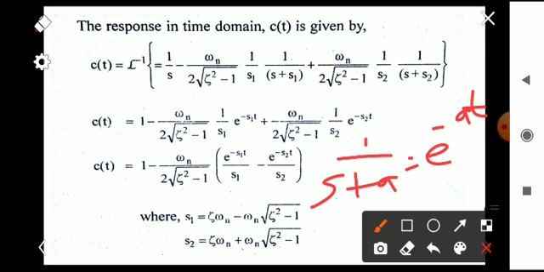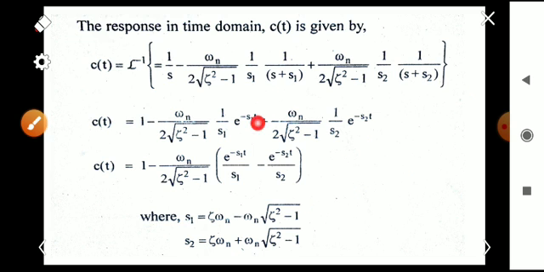Like that, the Laplace inverse of 1 by s plus s1 will be e raised to minus s1t. Then minus omega n by 2 root theta square minus 1 into 1 by s2 into e raised to minus s2t.